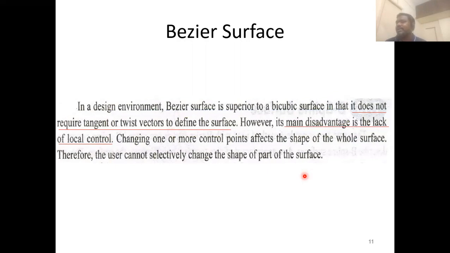For defining a Bezier surface, they are not required. This is an advantage. Other than that, the major disadvantage of the Bezier surface is that it has only global control, no local control.